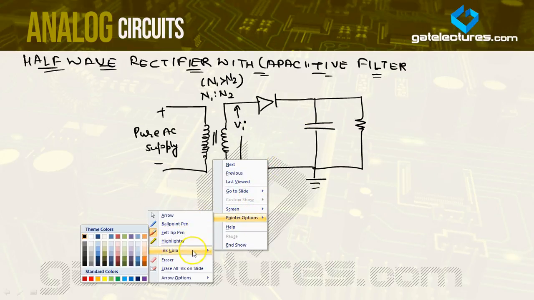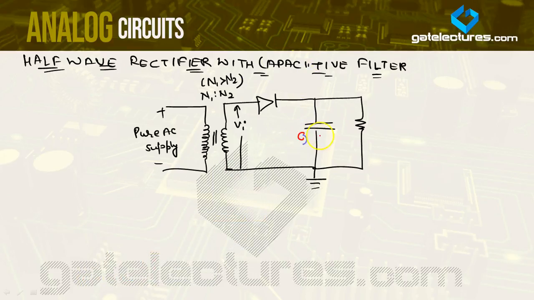In this case the capacitor filter is always connected in parallel with resistance RL, and the output voltage VO is basically equal to VC. Okay, so let's plot the waveform.